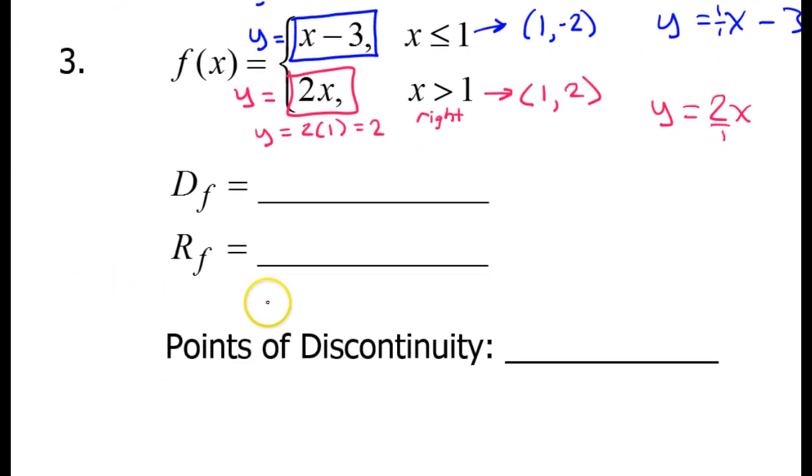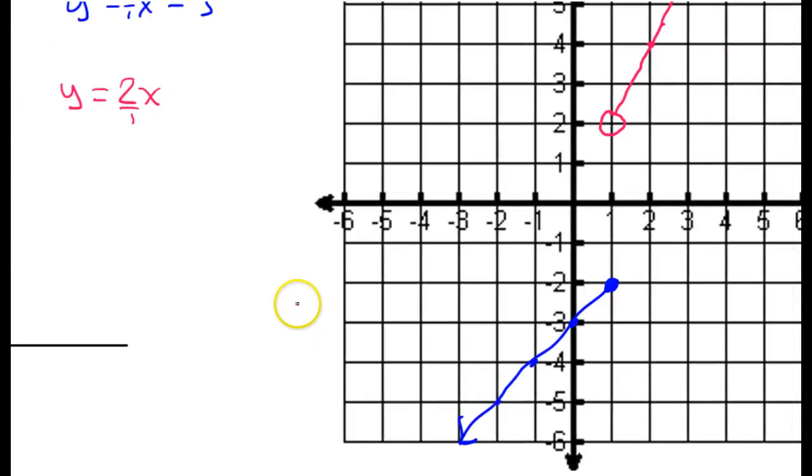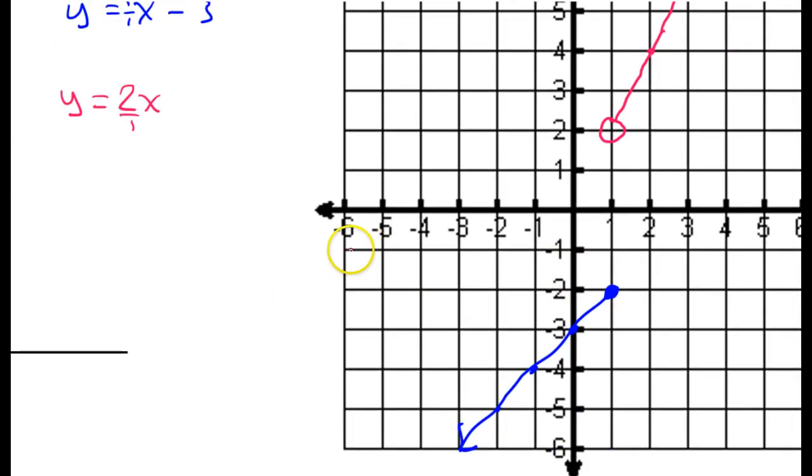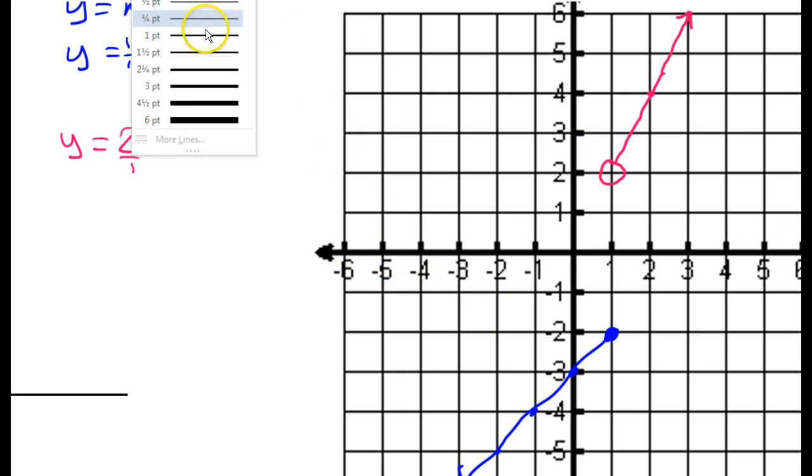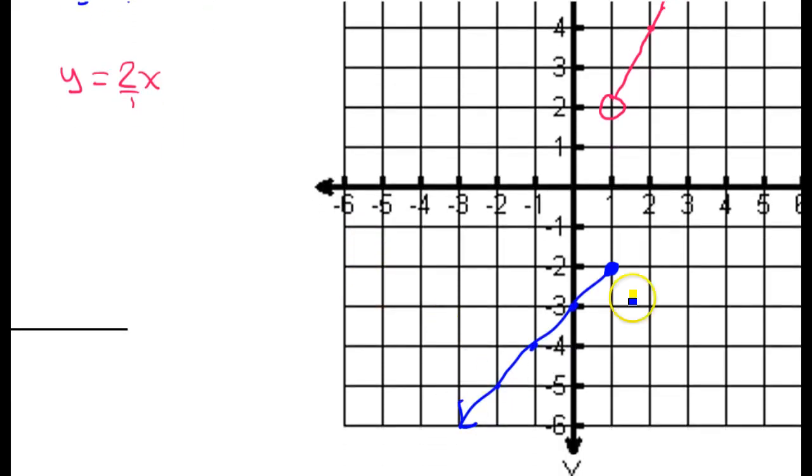Now we need to say the domain and the range. All right, now the domain is actually going to be negative infinity to positive infinity. We do not give 2 separate domains for each piece unless there is a break in the domain. Now, looking at the x values, there is no break. Think about it. If I were to ask you for just the domain of the blue part of the graph, the blue part of the graph goes from negative infinity to 1.